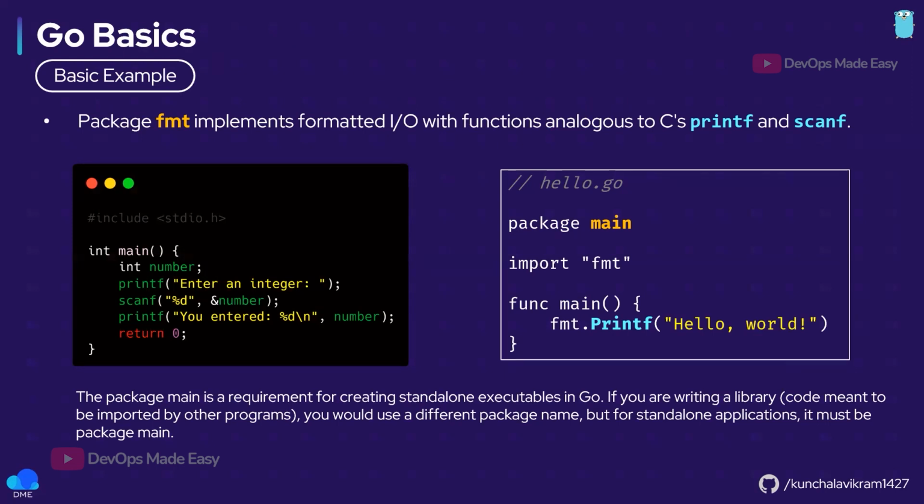Now let's talk about a very basic Go example. We'll also try to compare it with C and Python. Let's say I just have to print hello world. Hello world is a simple string, but how do you print it? If you use Python, it is pretty easy. All I have to do is use print, and within the double quotes, I would use hello world and close it.